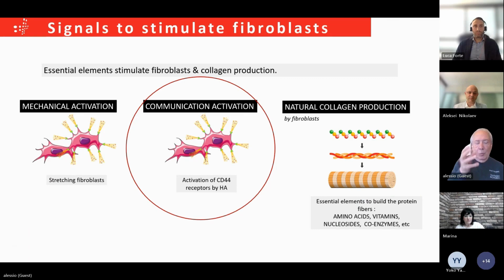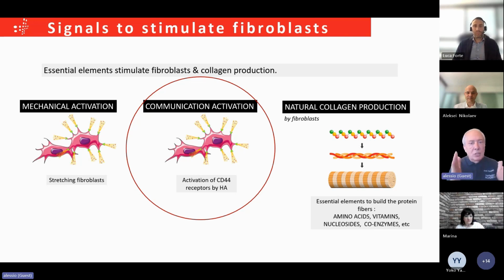And we arrive at the target of our meeting today, the activation of fibroblasts. We don't know exactly what happens, how we can create collagen through the cytokines, through the growth factors, all of these.